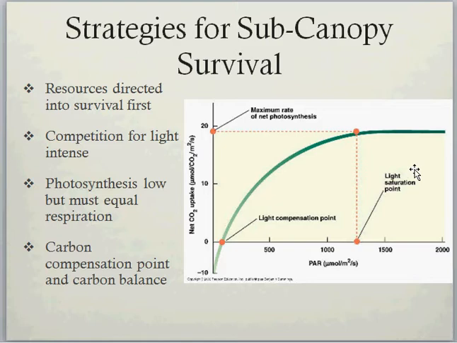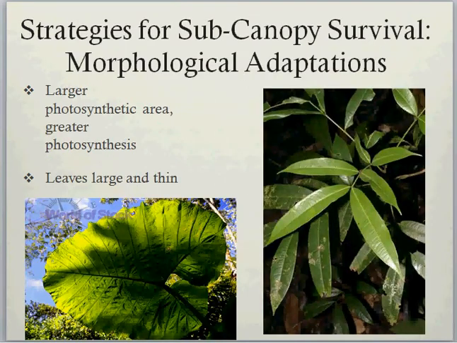So, what are some of the morphological and physiological adaptations which allow a plant to have a lower carbon compensation point? Well, the first morphological adaptation is to have a larger photosynthetic area, a much smaller root compared to the shoots, and the leaves need to be large and thin.